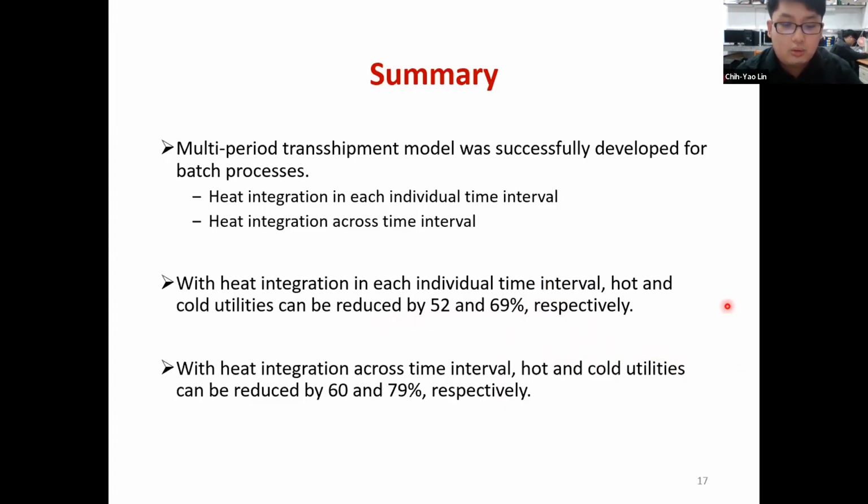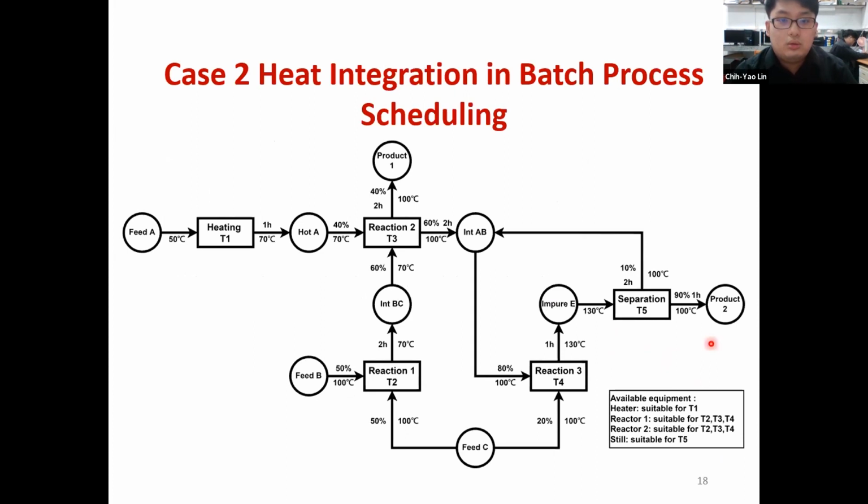Okay. Now we go into case 2. Case 2, heat integration in batch process scheduling. Given a batch process flowchart in form of STN, we have 5 tasks and 2 products.